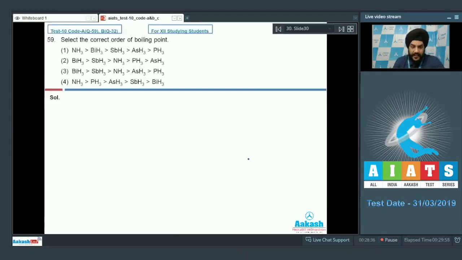Question number 59. Select the correct order of the boiling point. We have the hydrides of the group 15 elements: ammonia, then PH3, then AsH3, then SbH3. The boiling point of ammonia is higher than AsH3, but it is less than SbH3 and BiH3.